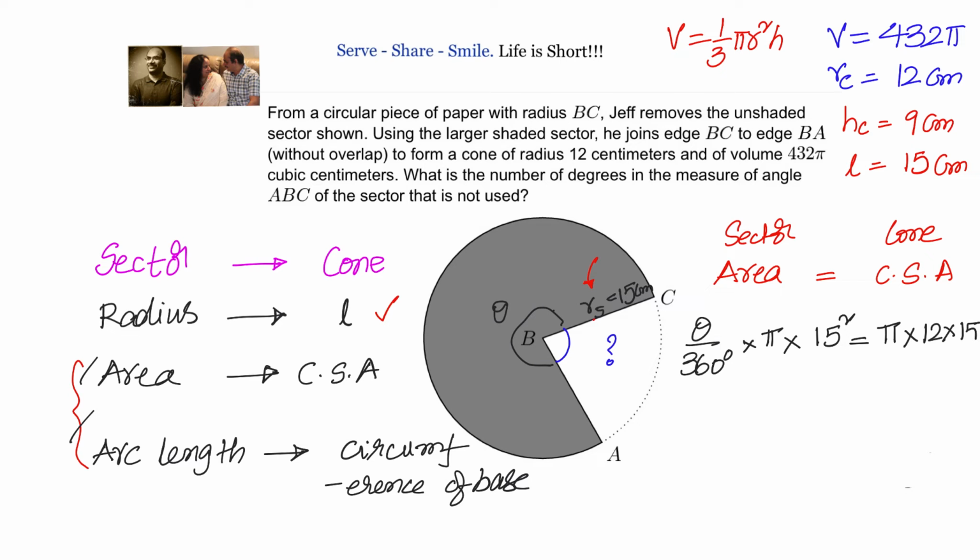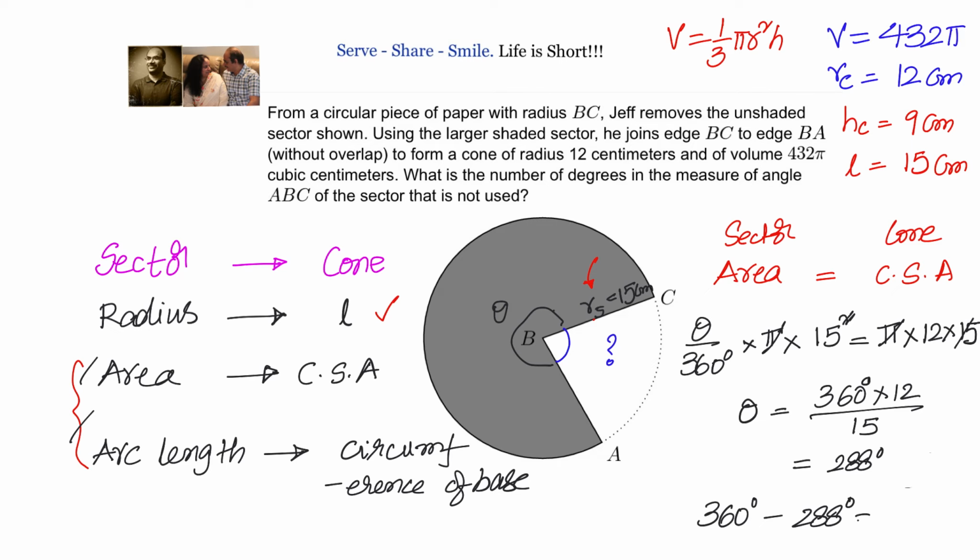Earlier I said lateral height, which was wrong; it is slant height. Pi and pi cancel out. We can easily calculate theta: theta equals 360 into 12 divided by 15, which equals 288 degrees. Now what we want is the reflex angle of this, that is 360 degrees minus 288 degrees, which equals 72 degrees.